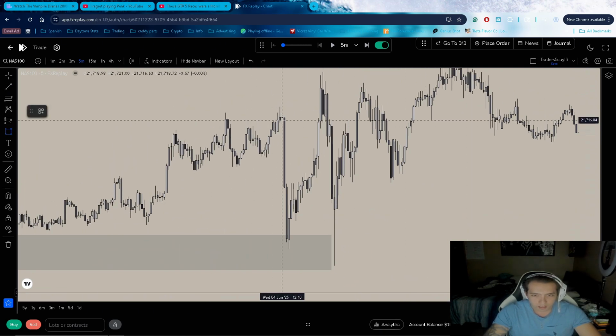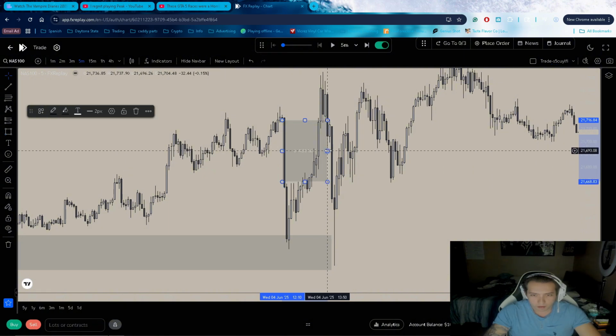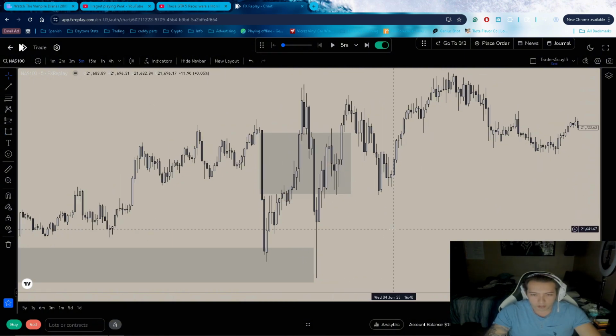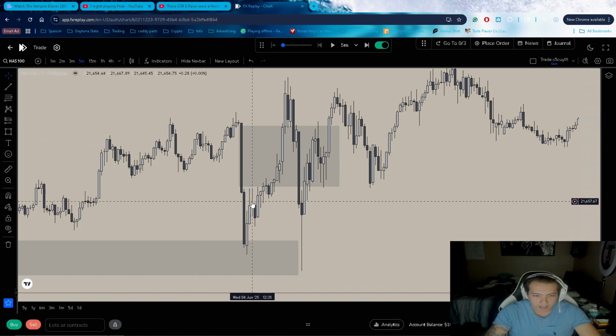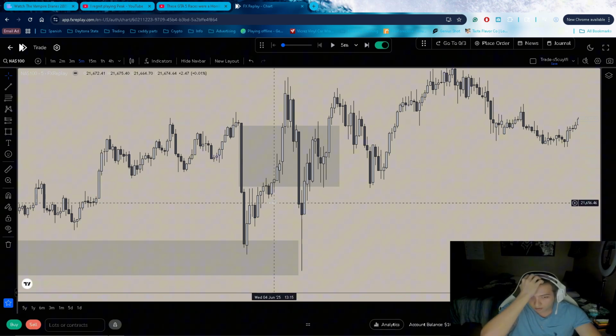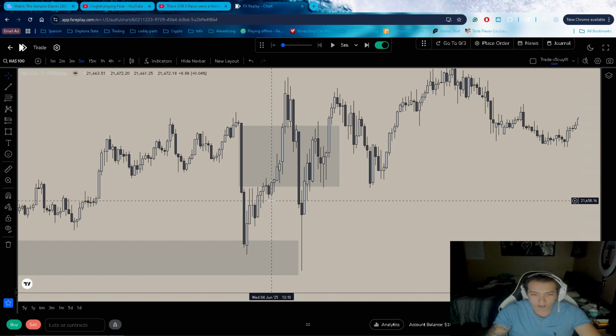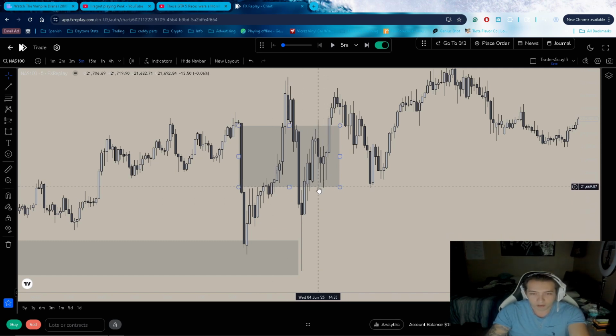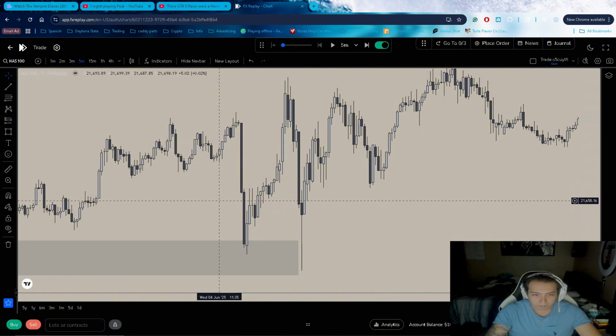Yes, price did inverse this fair value gap, but you're not taking it because of how many candles it took to inverse it. That's way too many candles. Ideally, you want to take your inversion within 1 to 3 candles, maybe 1 to 4 candles, after the inversion is made. What do I mean by that?